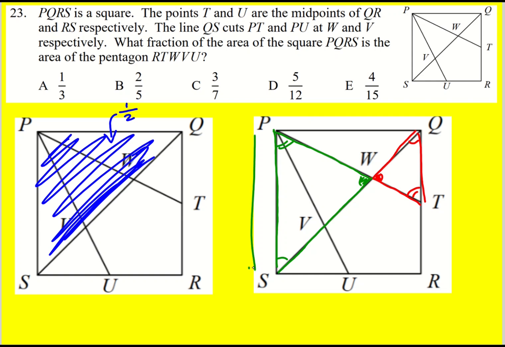Now, this is a full length, and this is a half length. So I know the red triangle is just half the size in terms of lengths of the green triangle. And what that means is that, because this plus this is a full amount, I can split it into 3 now.